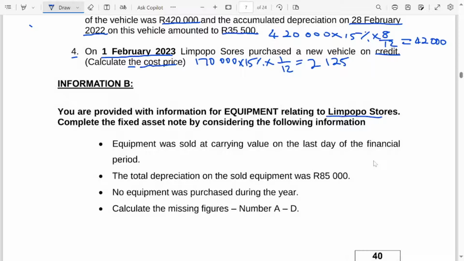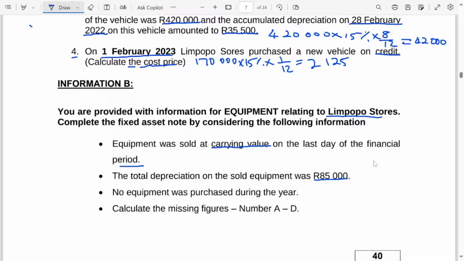Equipment was sold at the carrying value on the last day of the financial year. The total depreciation on the sold equipment was 85,000. No equipment was purchased during the year. Calculate the missing figures.